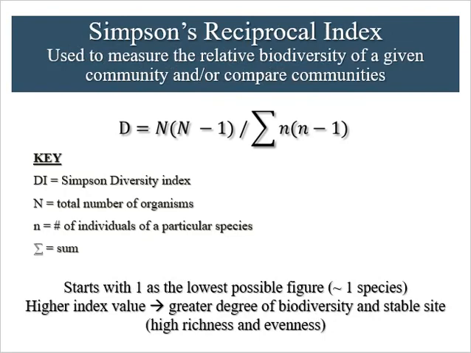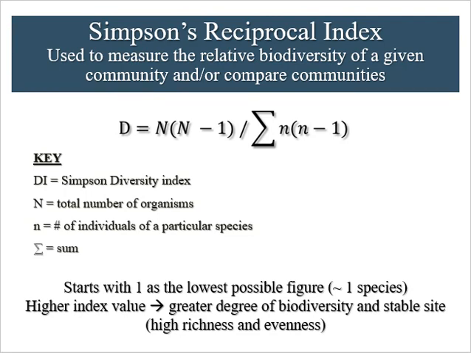Another way of overcoming the problem of the counterintuitive nature of the Simpson's index is to take the reciprocal of the index, right? So that's this value called the Simpson's reciprocal index. And this can be used to measure the relative biodiversity of a given community and also compare communities to identify different intrinsic qualities. Now, the value of this index starts with 1 being the lowest possible figure.